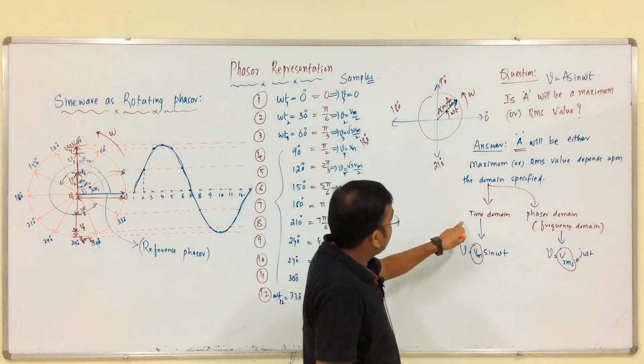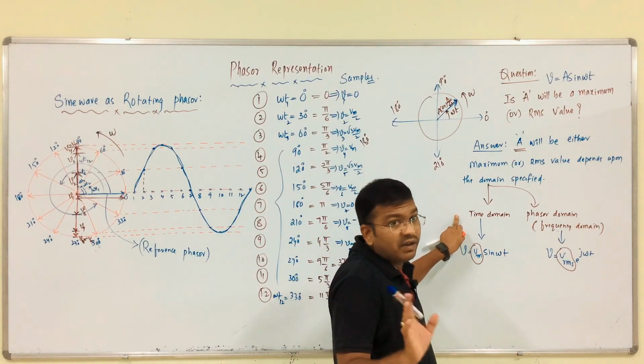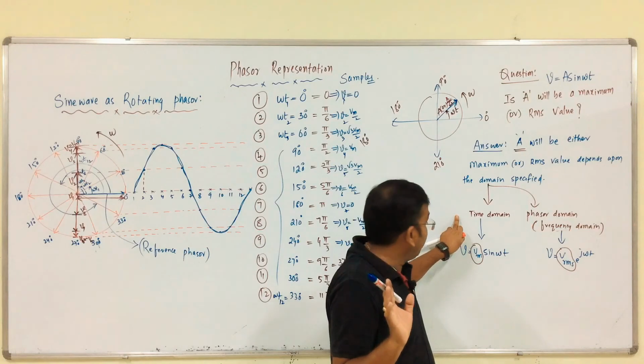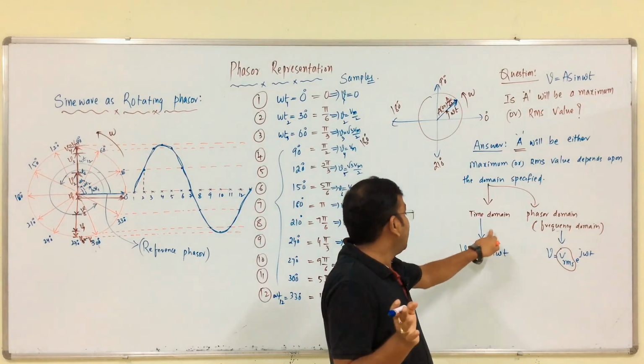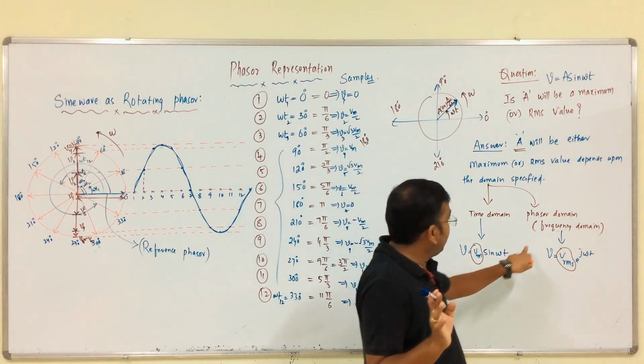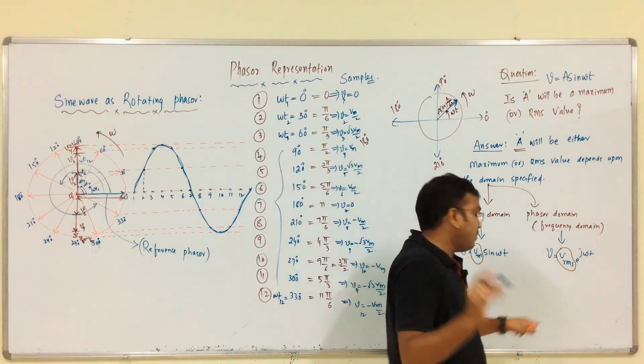So, first you have to check the domain, whether it is time domain or frequency domain. If the voltage is given like the first, that is the maximum value, or if it is under the frequency domain, that is the RMS value.